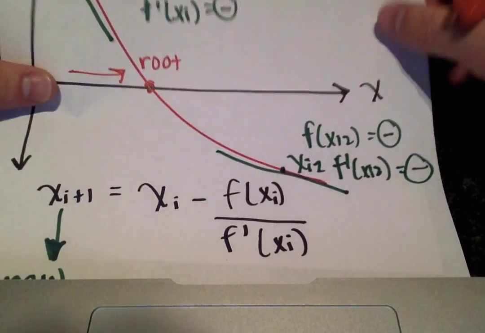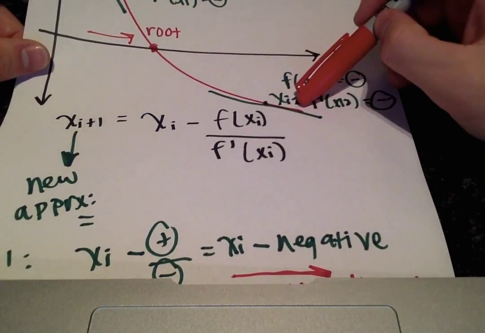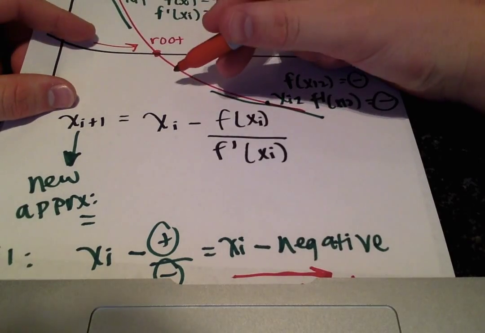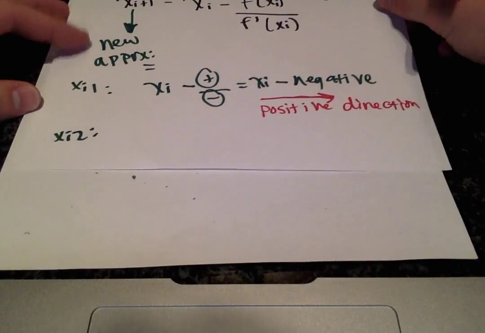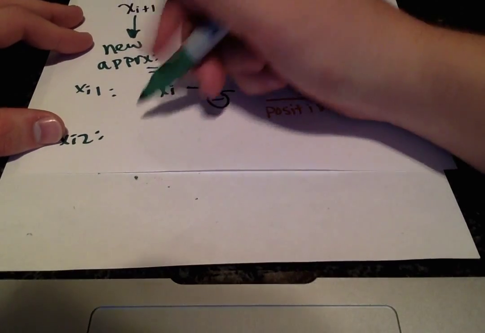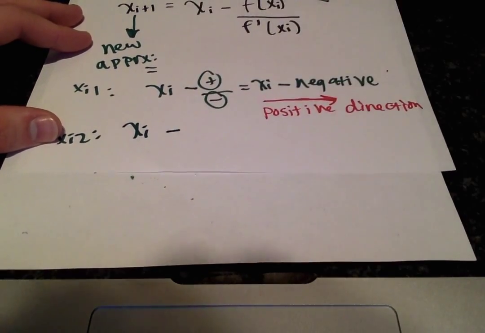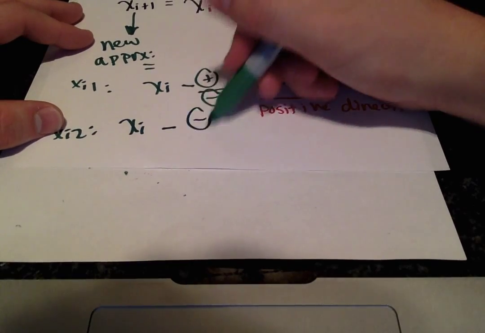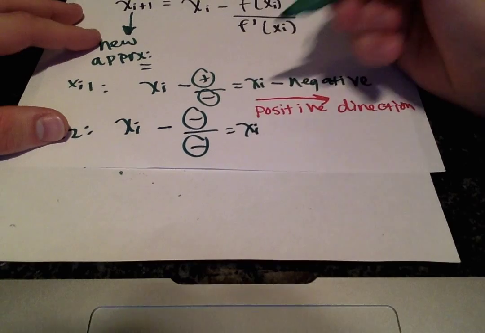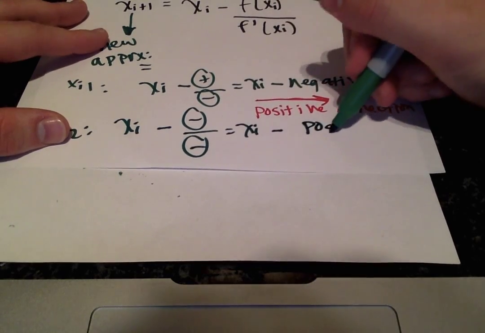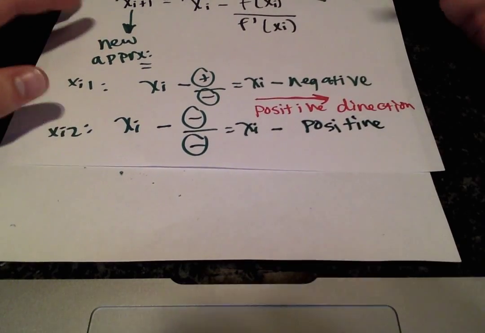And if we look at x sub i2, we should see the same thing, except movement in the negative direction to get closer to our root. So let's verify that for ourselves. So x sub i2 will have x sub i minus a negative value over a negative value, which is the same as x sub i minus a positive value. So what happens this time?